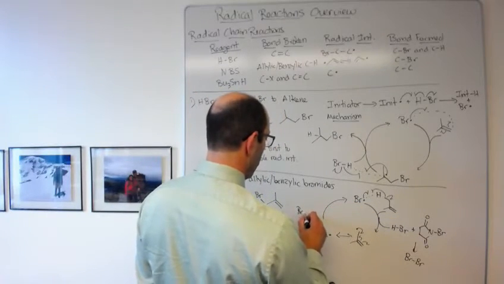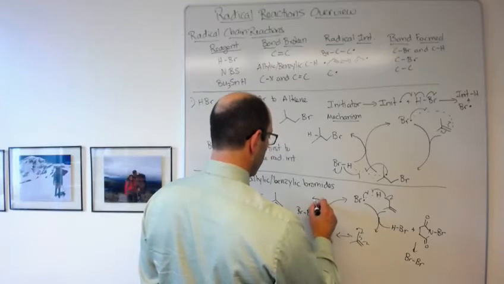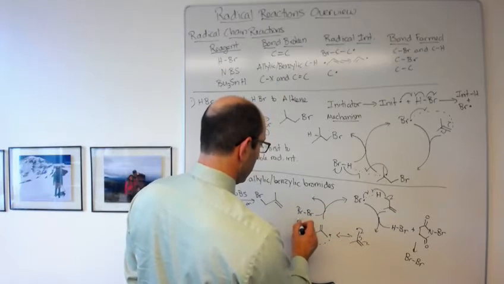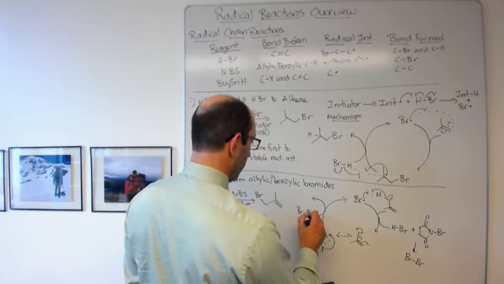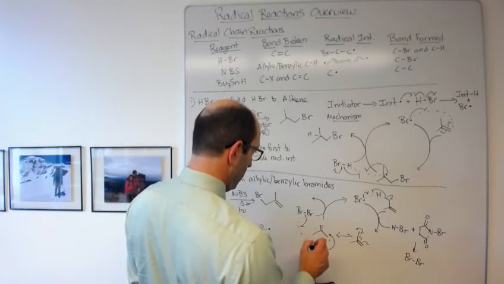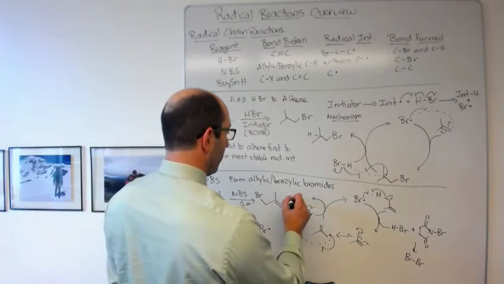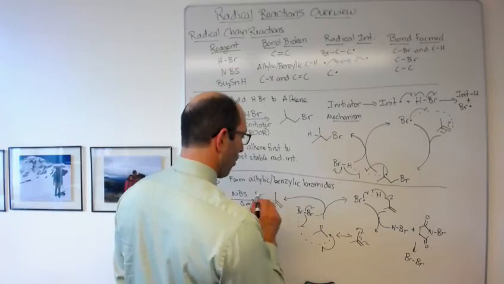So we have Br2 coming in here. And so this radical is going to form a bond and give us the chain propagating radical back. And this gives us, we'll just add this arrow over to here, our product.